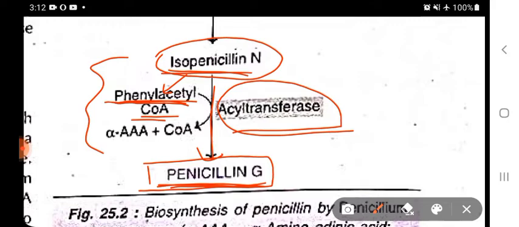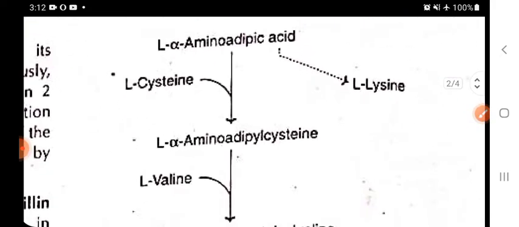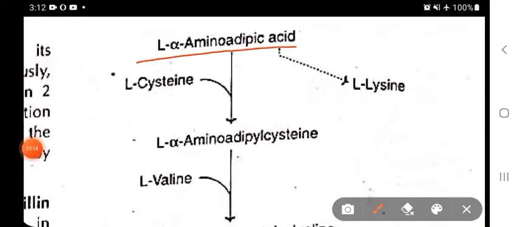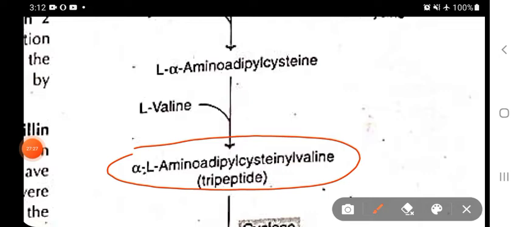So let us repeat this step again. L alpha amino adipic acid combines with L-cysteine, and next it combines with L-valine to form a tripeptide called L alpha amino adipic cysteine valine. Well, you should write L first, then alpha.